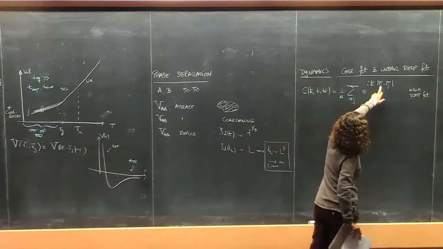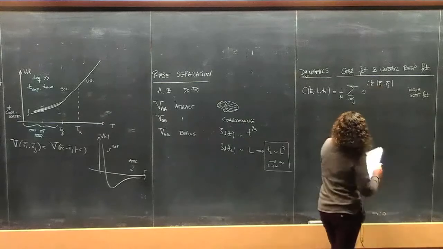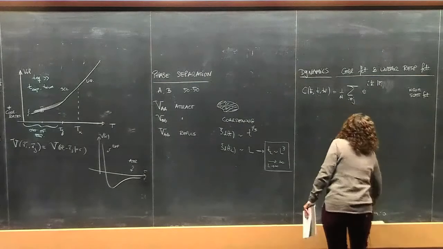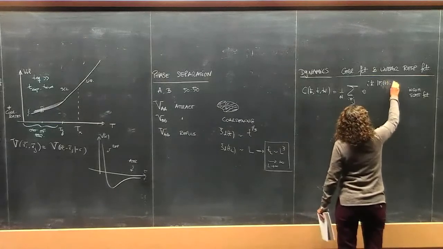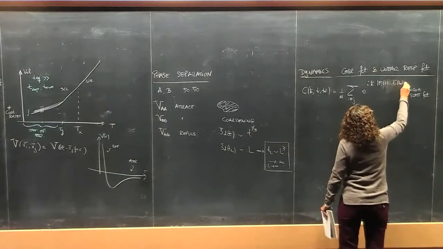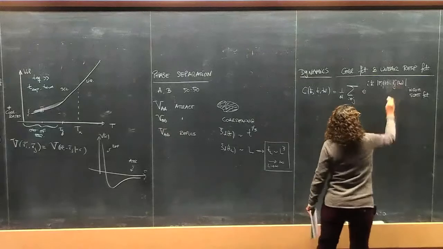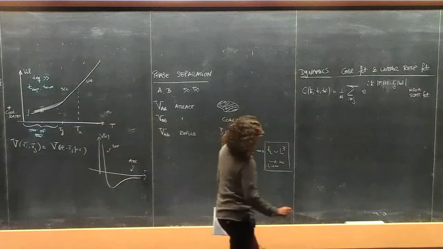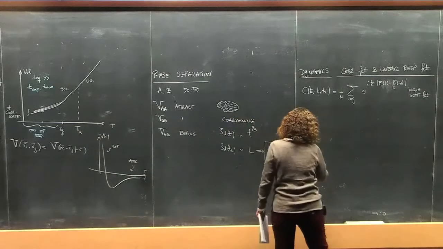This is the wave vector. And this is the position of particle i at, I forgot to write the time dependencies, time t minus the position of particle j at time t_w. So I'm defining times. Let me write it here.